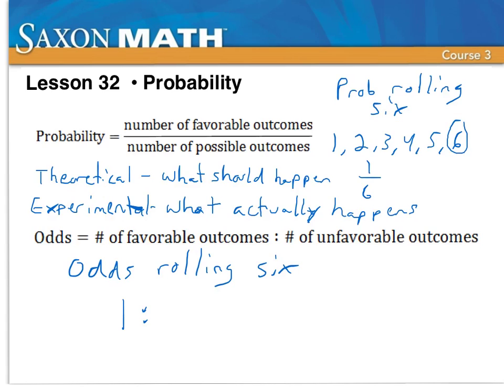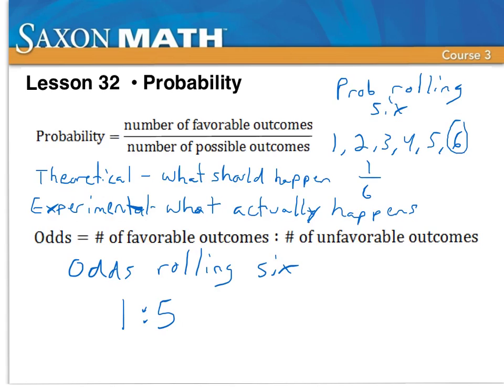If I'm looking at the odds of rolling a 6, unfavorable outcomes are anything that's not a 6. So that's any of these 1, 2, 3, 4, 5 things. So there's 5 unfavorable outcomes. So the odds of rolling a 6 are 1 to 5: 1 favorable thing that can happen to 5 unfavorable things. And that's how we read this. We say the odds are 1 to 5.